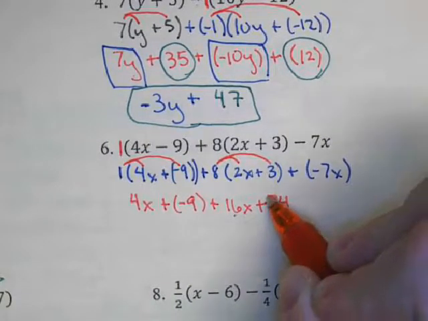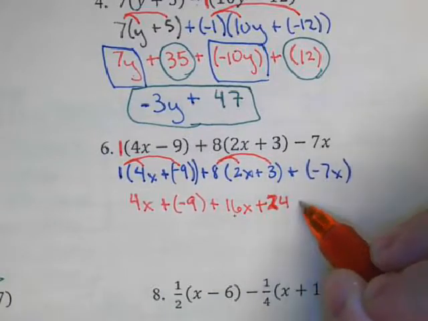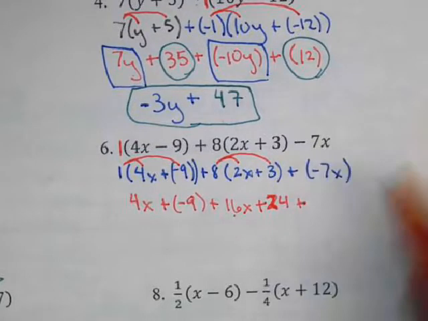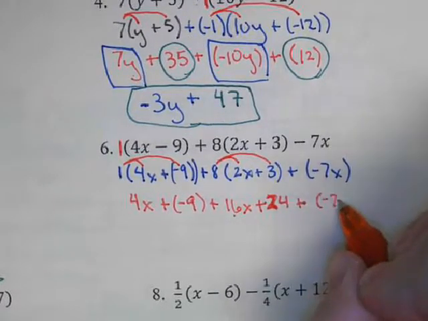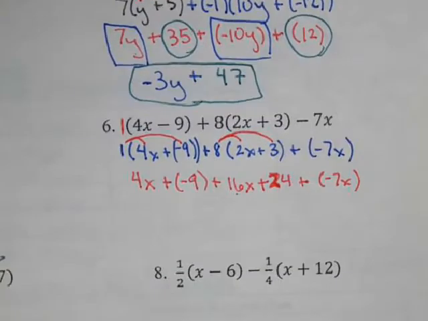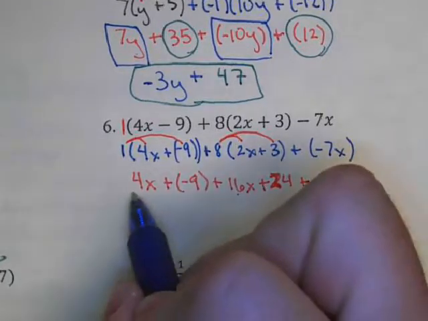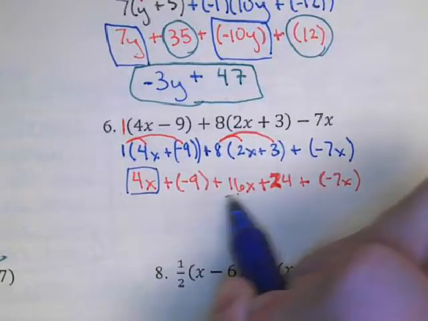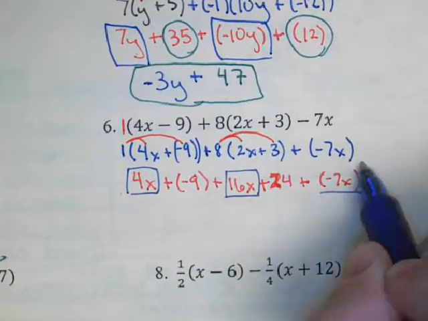And then we'll bring our plus sign down. Now, is there anything to do with this negative 7x? No, there isn't, so it just comes straight down. And we're on to step 4, combining our like terms. So let's identify our like terms. So I have the 4x, I have a 16x, and I have a negative 7x.